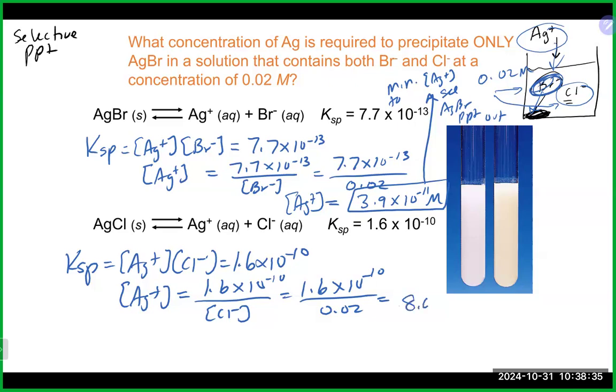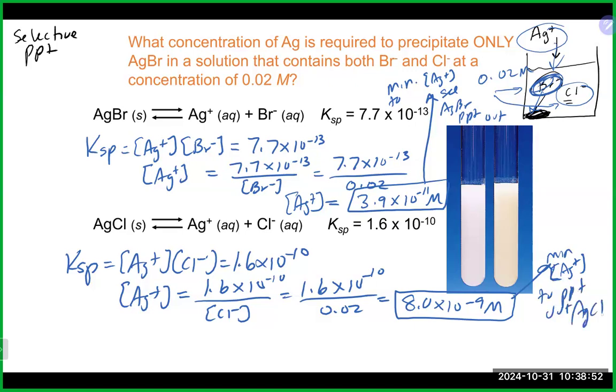Call it 8 times 10 to the minus 9 molar. This number is the minimum silver concentration to precipitate out silver chloride in this case.